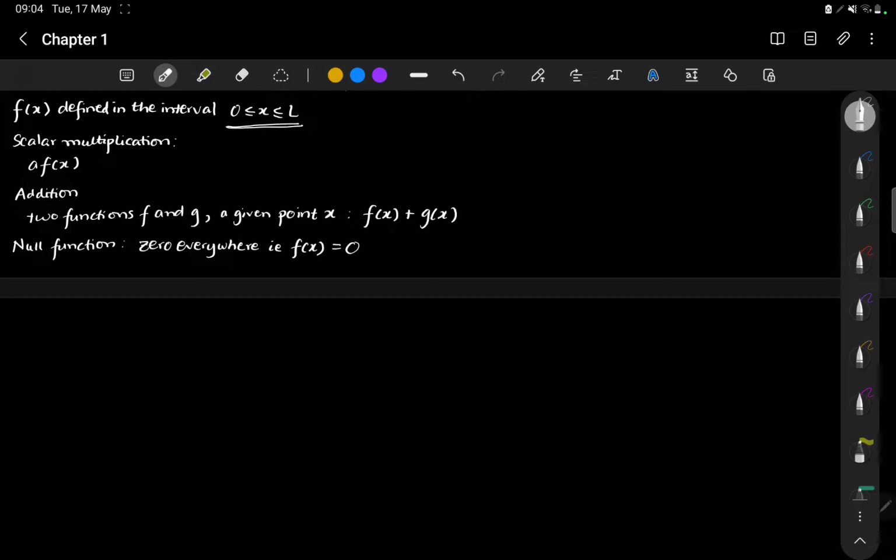This is our null function. Then what else do we need? We need the additive inverse. So if we have a function f, then the additive inverse is minus f.